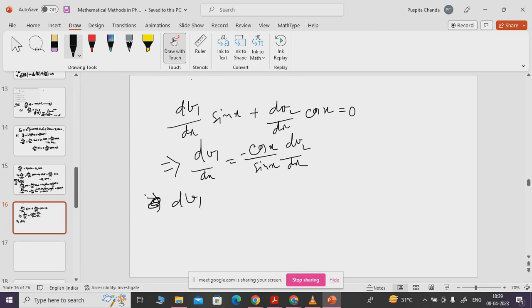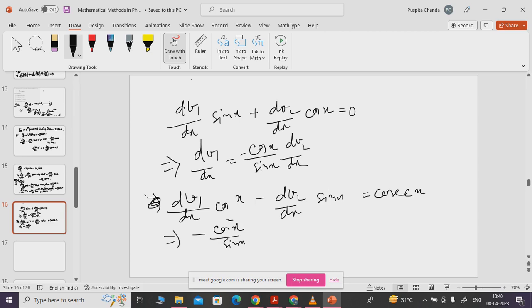We know dv1 by dx cos x minus dv2 dx sin x is equal to cosec x. Putting this value, we will obtain cos square x by sin x dv2 dx minus sin x dv2 dx is equal to 1 by sin x.